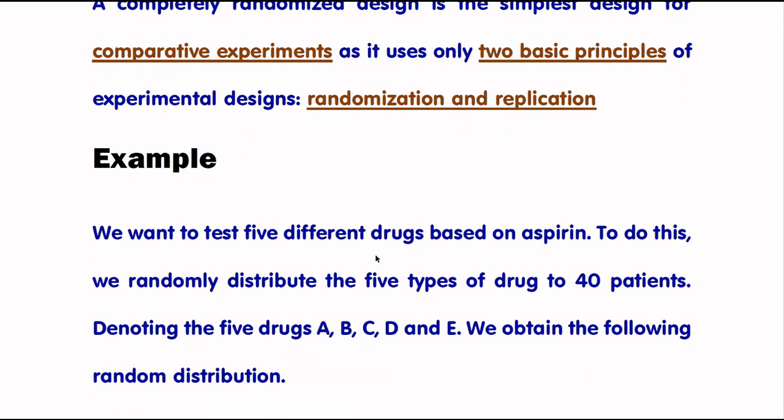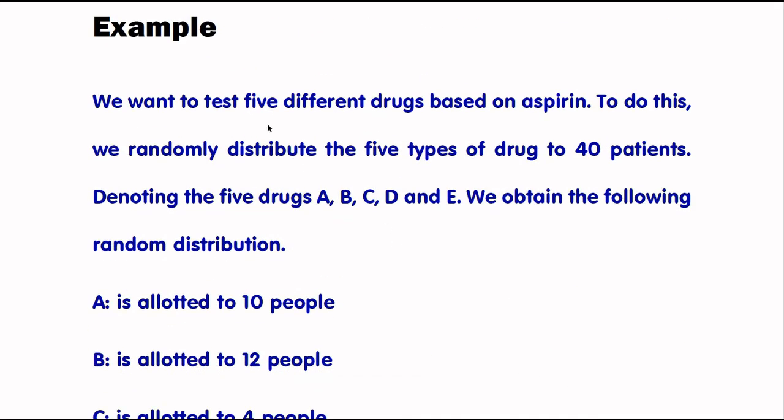Here is the example. We want to test 5 different drugs based on aspirin. To do this, we randomly distribute the 5 types of drug to 40 patients, and the 5 drugs are A, B, C, D and E. So these are the names of the 5 drugs, and we allocate these treatments to the experimental units.